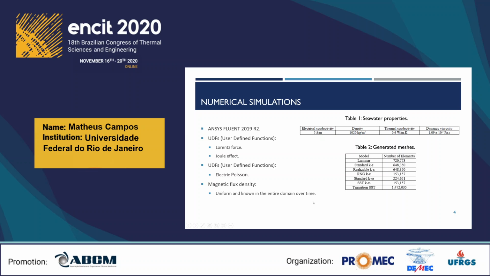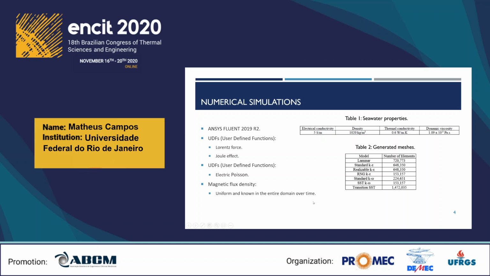Geometry design, meshing, and physical modeling were made in ANSYS. We used the simulations in Fluent 2019. The software allows the user to introduce additional terms to the conservation equations. So we used it to introduce the Lorentz force in the momentum equation and the Joule effect in the energy equation.